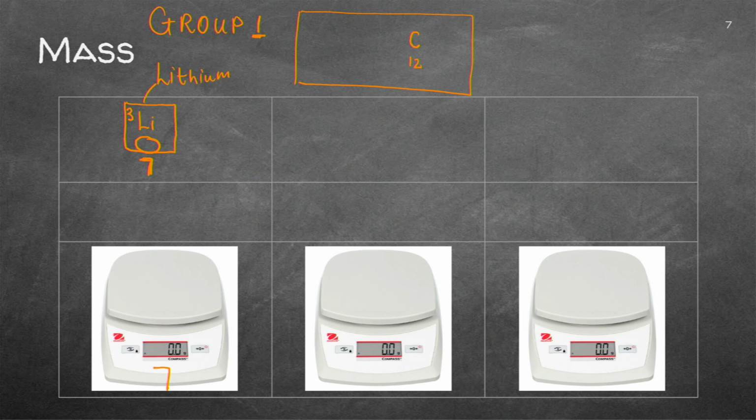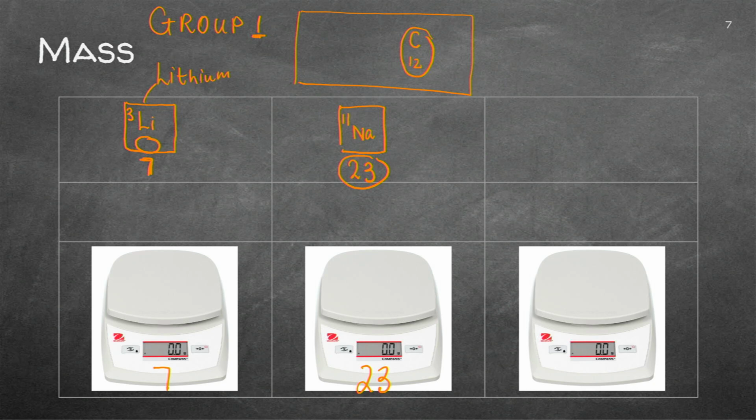Take the next element. It is sodium. So have a look at the number 11, sodium, and at the bottom on my periodic table, 23. So again, 23 in comparison with carbon 12, and you'll see you will have a reading of 23.